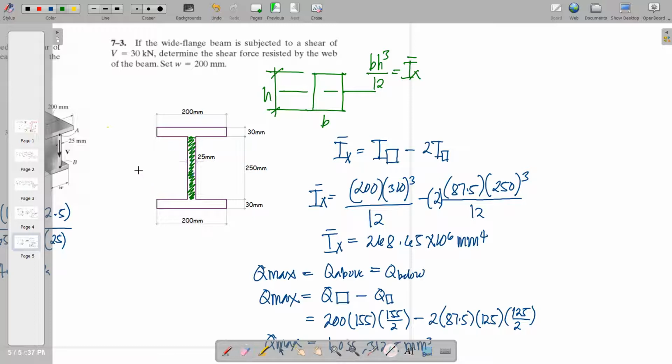So let us now label our location of the neutral axis. Say this is the neutral axis, and I'm going to set a y that is within the web, because the question here is within the web of the beam. Say I'm going to construct a line here that is within the web of the beam, and then tag this as y.